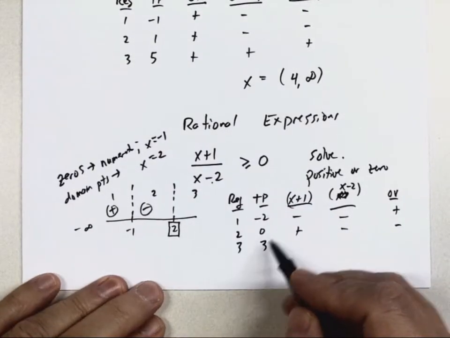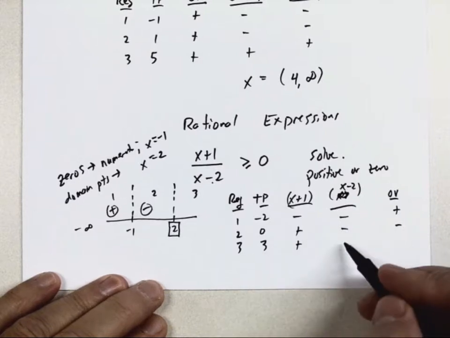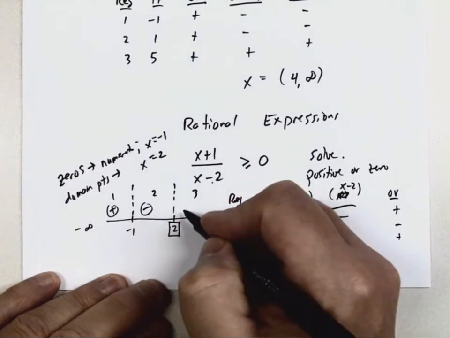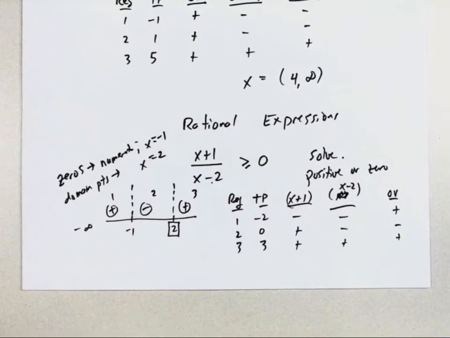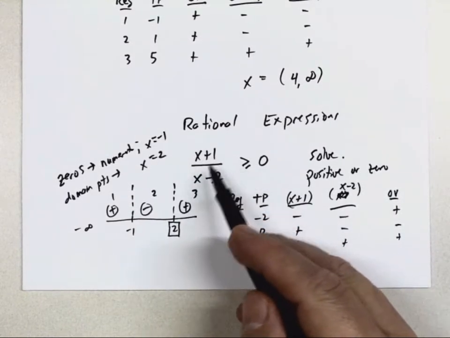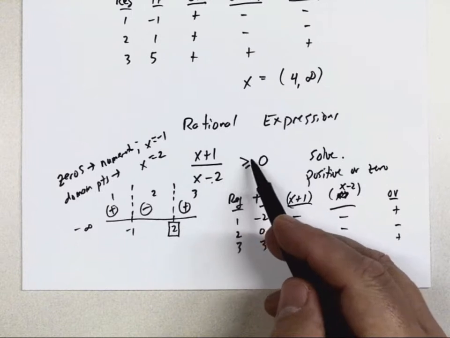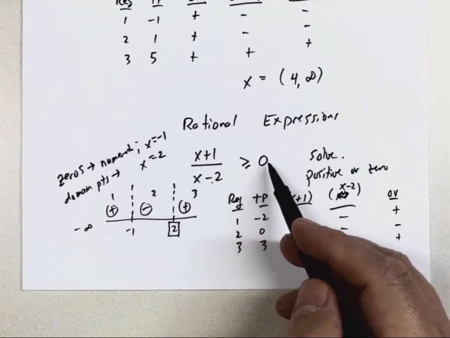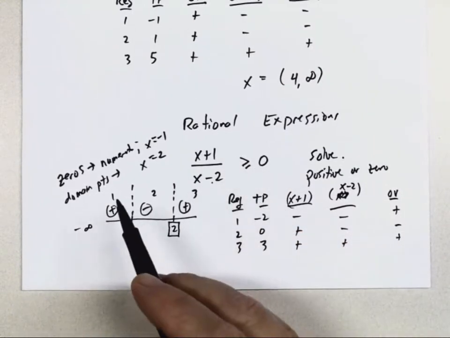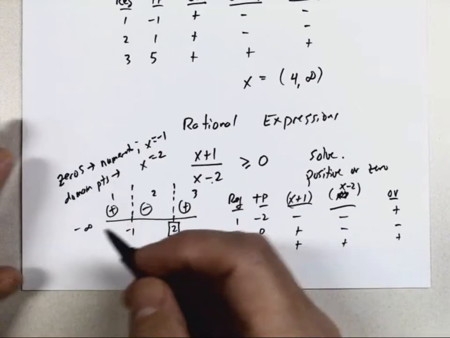Region 3, plug in 3, it's positive, 3, it's positive. Region 3, it's positive. So now, like always, once you know the signs of your region, you're pretty much done. I'm looking for where this is greater than or equal to 0. So where is it positive? Looks like region 1 and region 3.